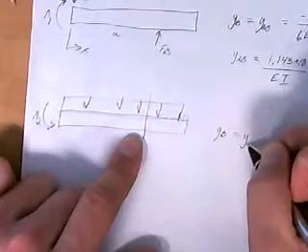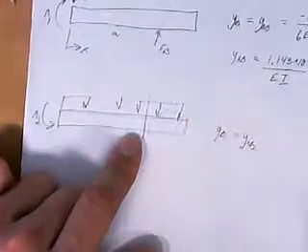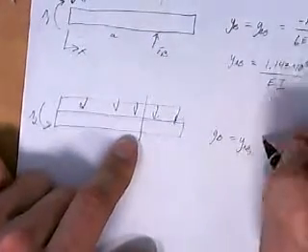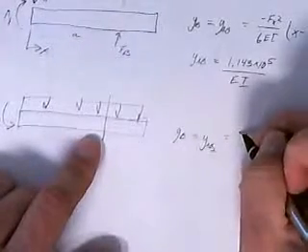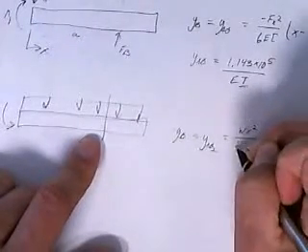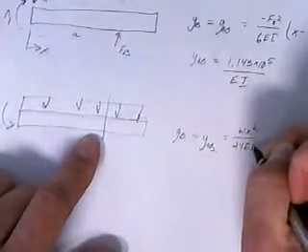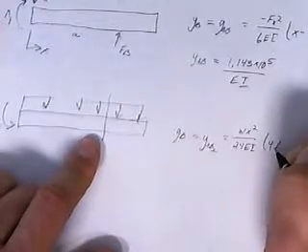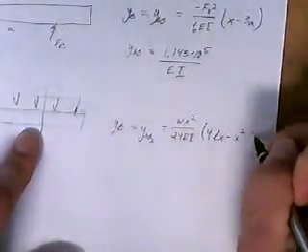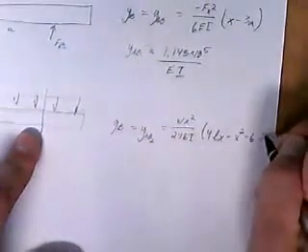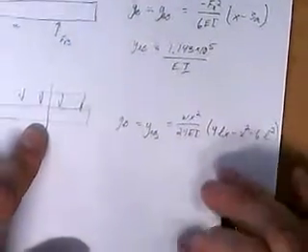So YAB2, I'm going to call it 2 to distinguish from that one, is equal to WX squared all over 24 EI of 4LX minus X squared minus 6L squared.